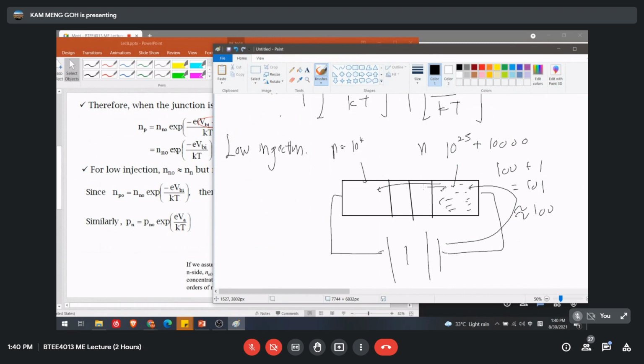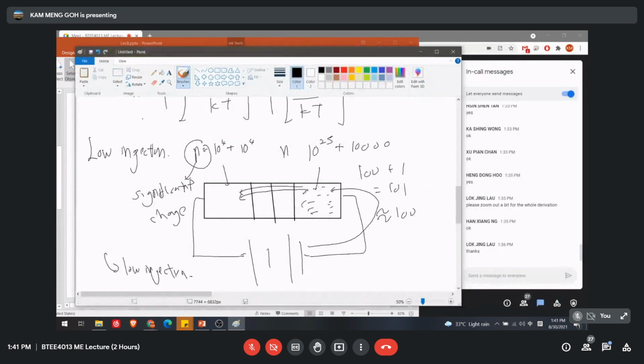But if you flow something from here to here, even if you only flow, let's say, 10 to the power 4, for the minority it will be considered a significant change. In this case, we call it low injection.